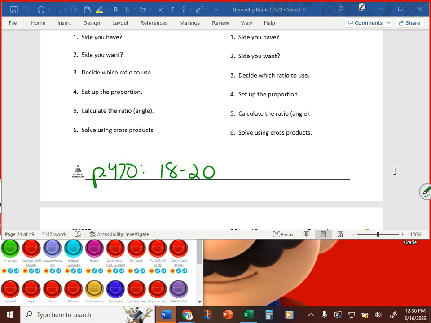And then, because that's only using tangents, on page 478, you are to do 10 through 15. 10 through 15, are you kidding? Let's break this puppy up.